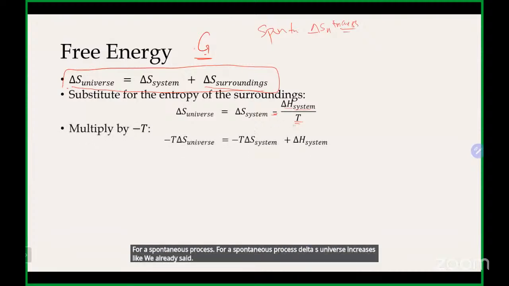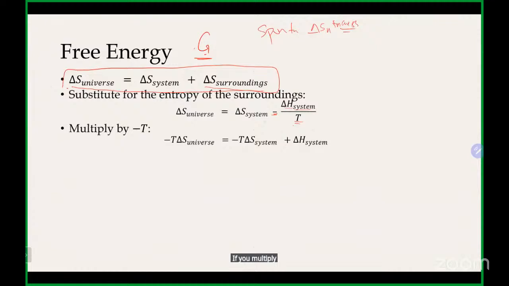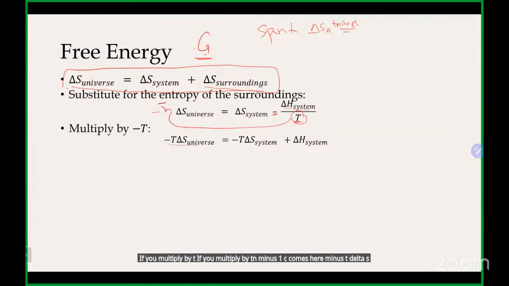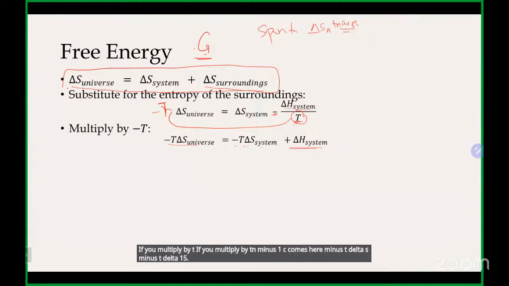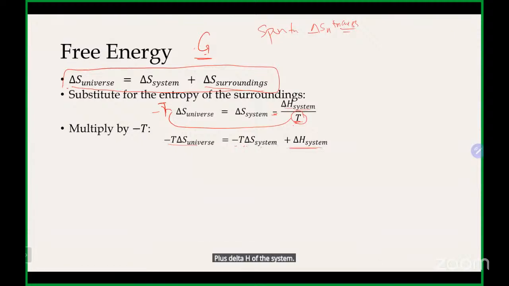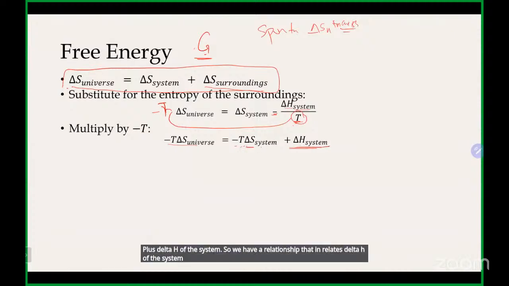If you multiply by T, and minus 1, T comes here: minus T delta S universe equals delta H of the system minus T delta S of the system. So we have a relationship that relates delta H of the system and the entropy change of the system together.